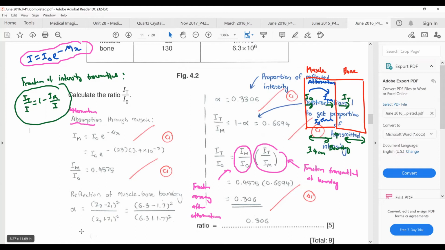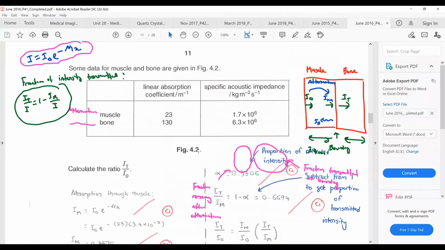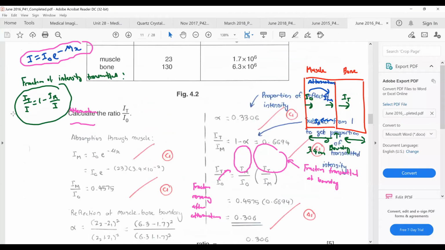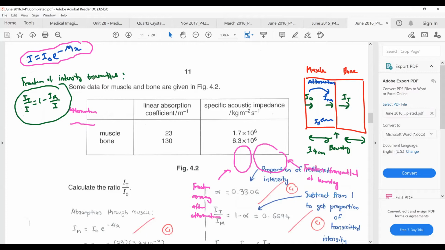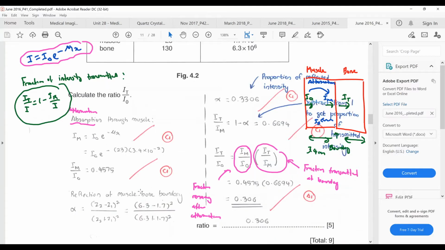The IR over I, which is your alpha right now, you can find. Just take the values of the Z, minus them off and square it, plus them and square it. Now the 10 power 6 will actually cancel each other.